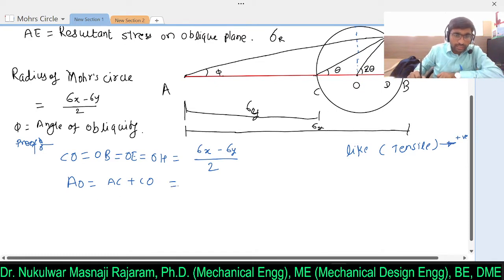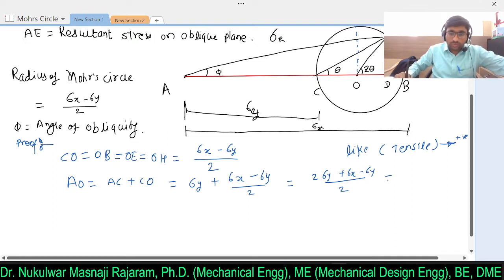So here I can write sigma y plus CO. CO I have evaluated over here, sigma x minus sigma y divided by 2. If I take 2 common, then it will become 2 sigma y plus sigma x minus sigma y, so I will get sigma x plus sigma y divided by 2. Clear? So this is our first expression for AO.